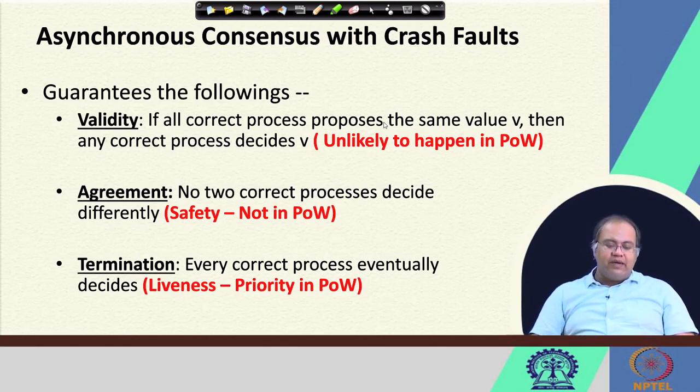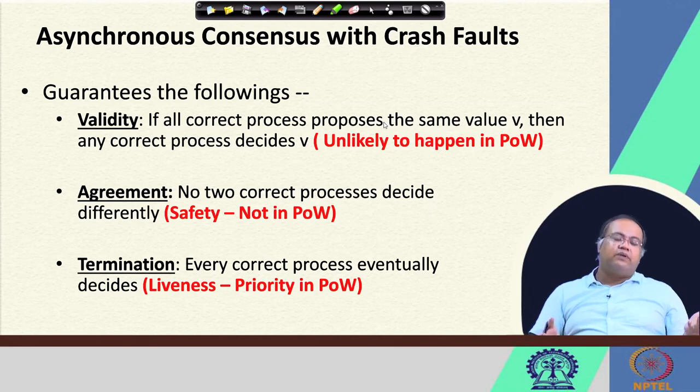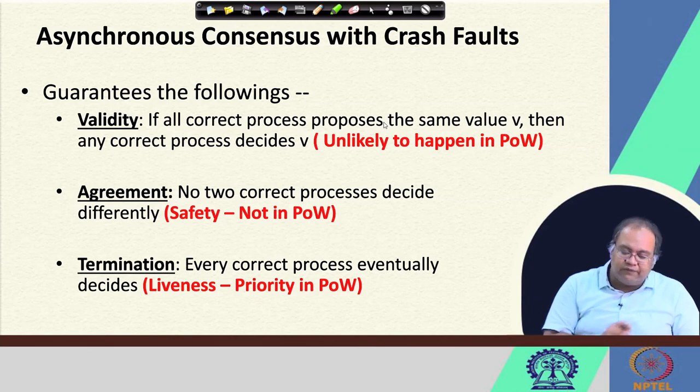The second requirement is agreement, which is similar to the safety property: no two correct processes decide differently. But in proof of work, it might happen that two different nodes decide on two different blocks. Although both blocks are correct, structurally they are different. So safety, or agreement, is not guaranteed there.